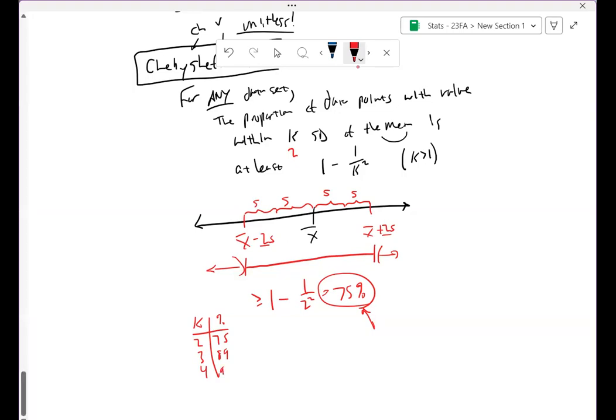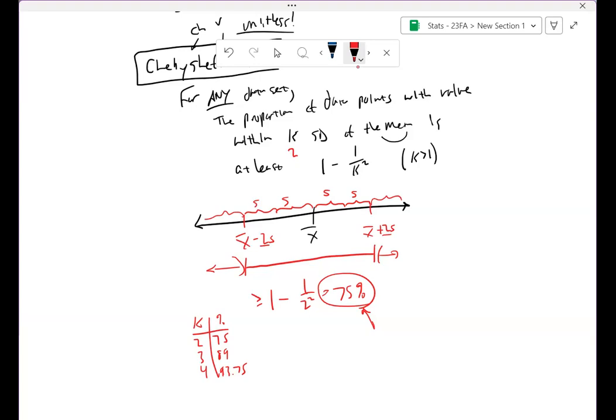And for 4 standard deviations, 93.75%. So I see as I increase k, I'm covering a wider and wider swath of the real line, and then a higher and higher percentage of my data points have to fall in that interval.